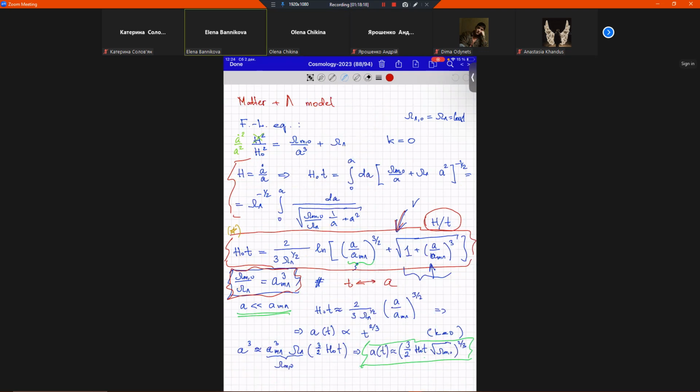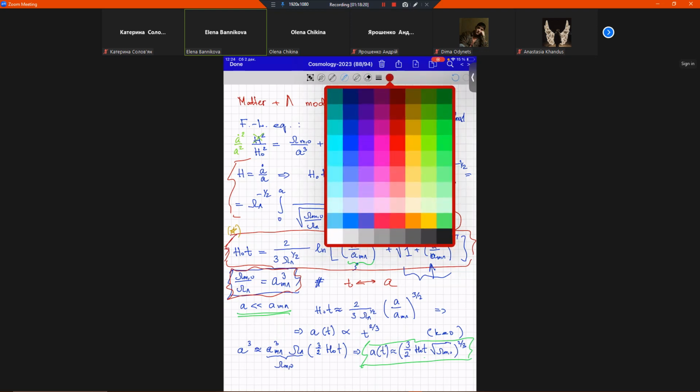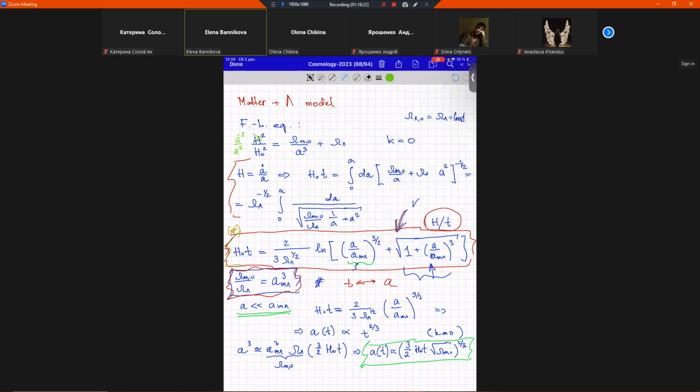You need to find this. Look, I will put here this expression. H0t, yes, H0t, which is expressed through A. Exactly this expression. From this one, or even from this one, we put it here. Yes.